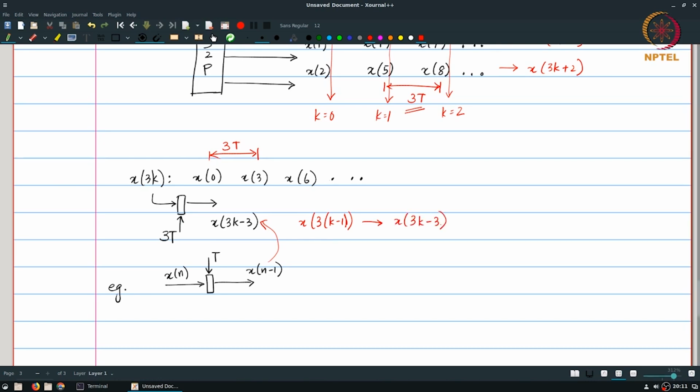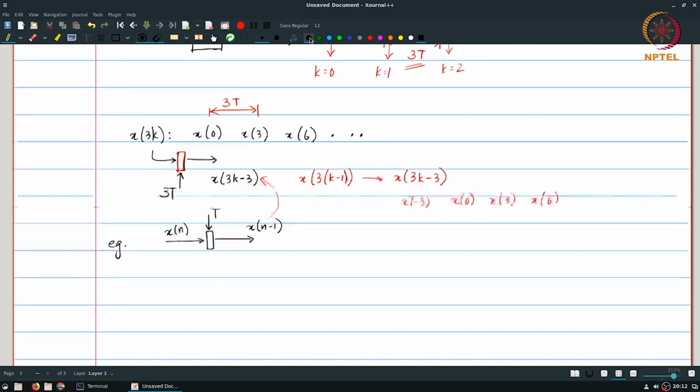In other words, we have the sequence x of 3k minus 3, which will basically have the values x of minus 3, then x of 0, x of 3, x of 6, and so on. So this effectively tells us that a single register applied on the slowed down stream allows me to delay x of 3k to x of 3k minus 3.